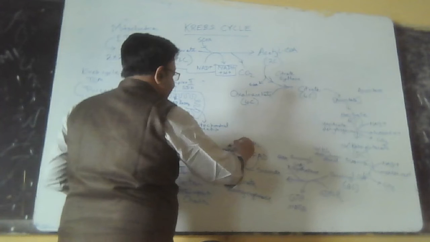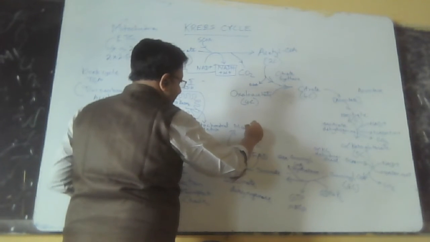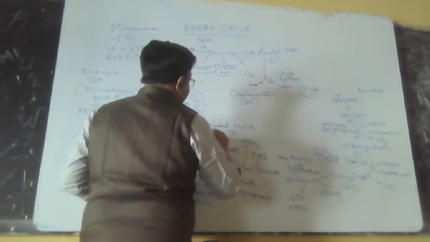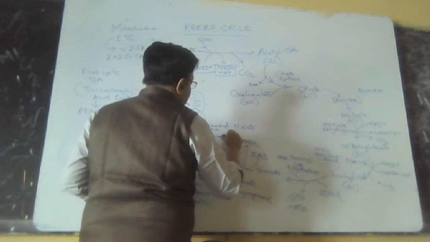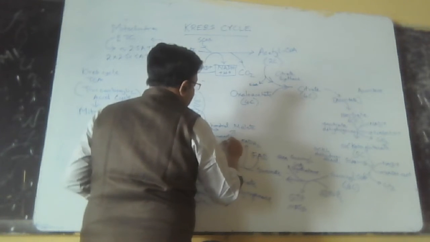So in the next step, fumarate is converted to the compound known as malate. Enzyme fumarase. Hydration reaction, H2O.